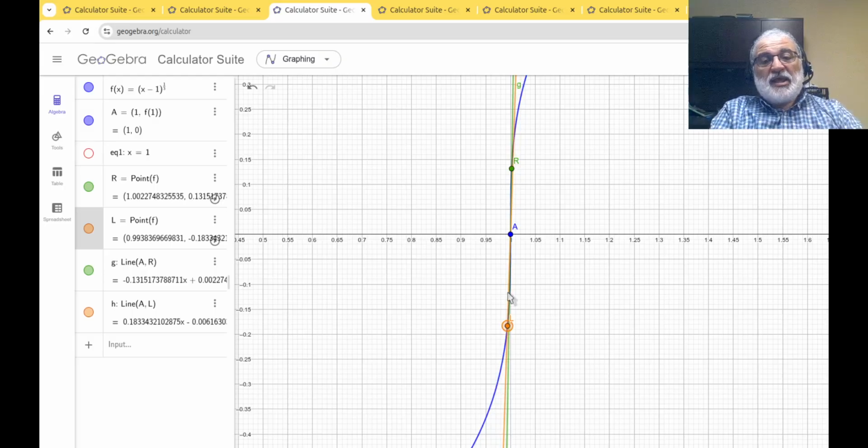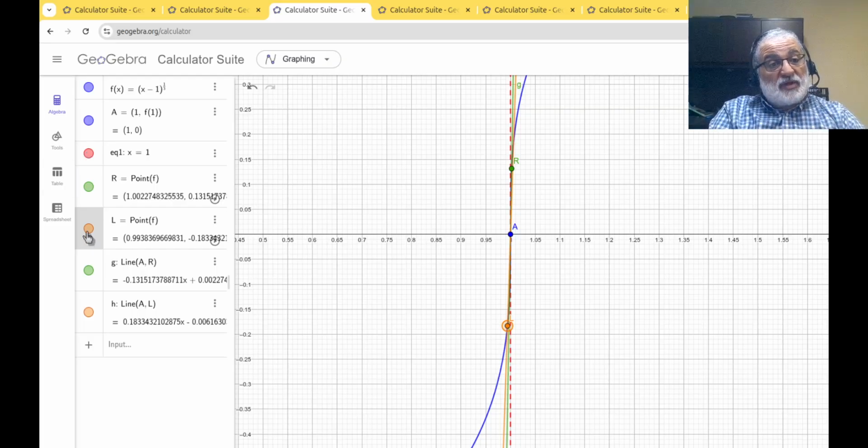It's also approaching a vertical line. So as a matter of fact, this is the tangent. You see the dotted red line there? This is the tangent to the graph at that point. The tangent is a vertical line.